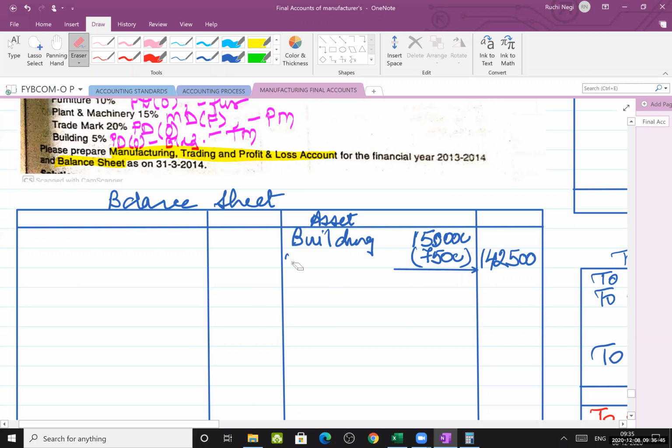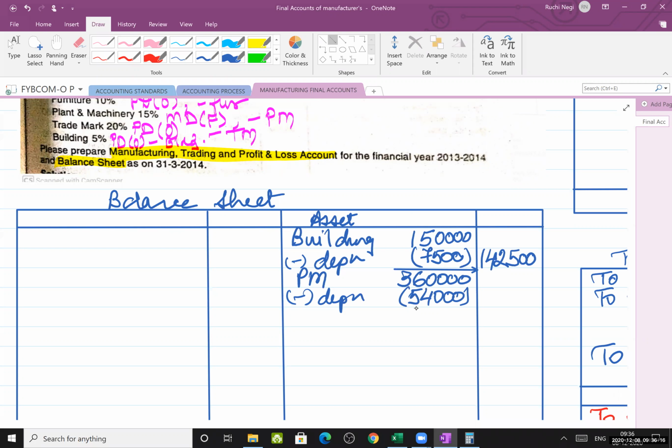Next, plant and machinery, that was 3,60,000 less depreciation, how much was ours, 54,000. Take it in the outer column, 3,60,000 minus 54,000 comes to 3,06,000.